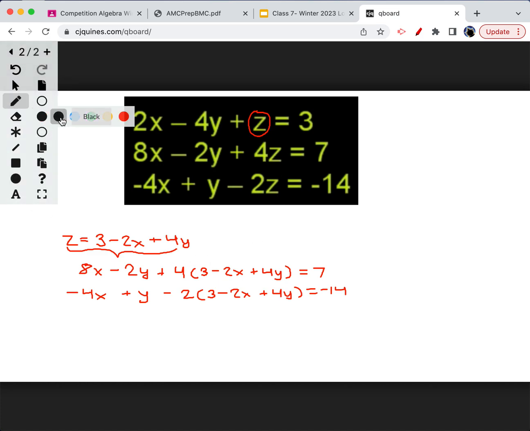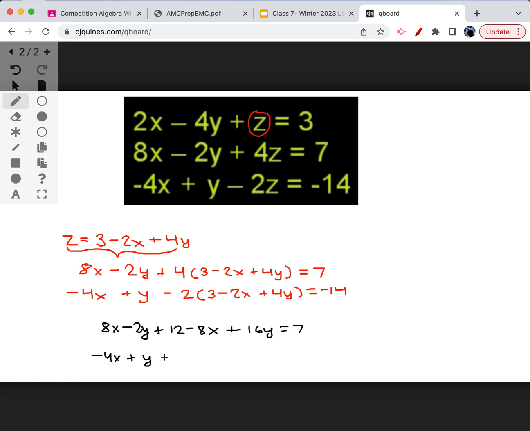So then if you simplify these, you get 8x minus 2y plus 12 minus 8x plus 16y is equal to 7. And you also get minus 4x plus y minus 6 plus 4x minus 8y is equal to minus 14.